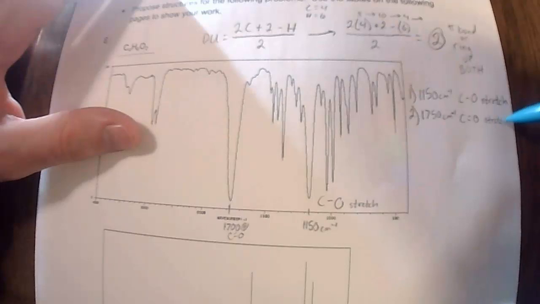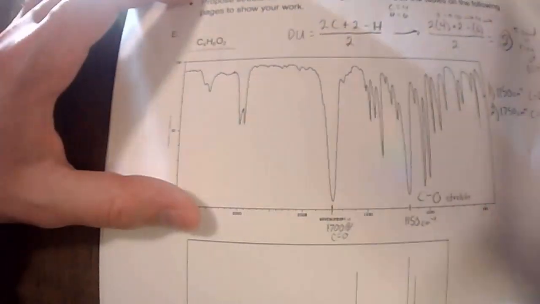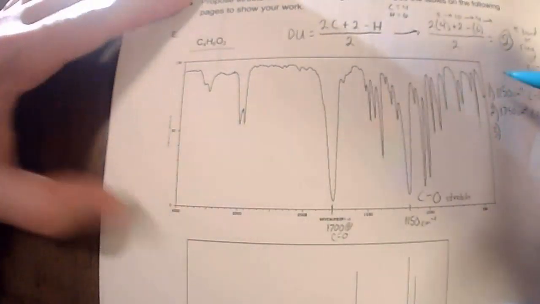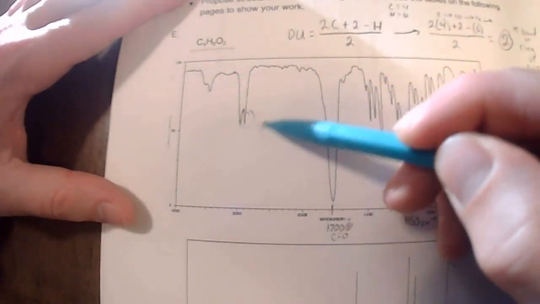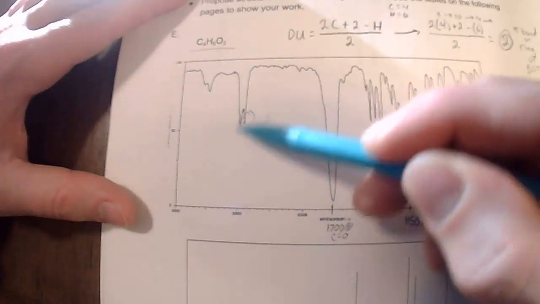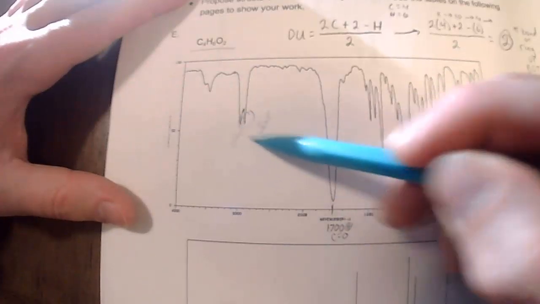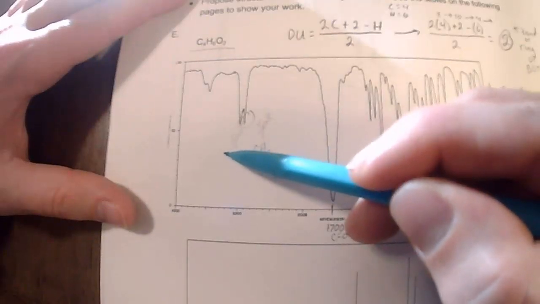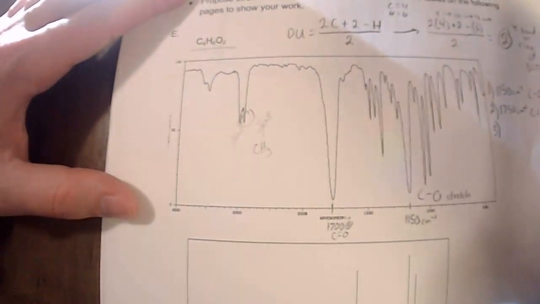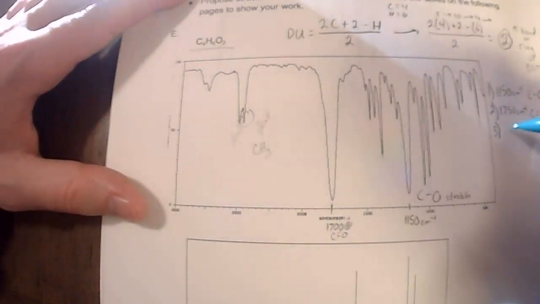I'll write this. Alright. Another thing to point out, downfield we have the characteristic sp3, sp2, CH3, alkane stretches.